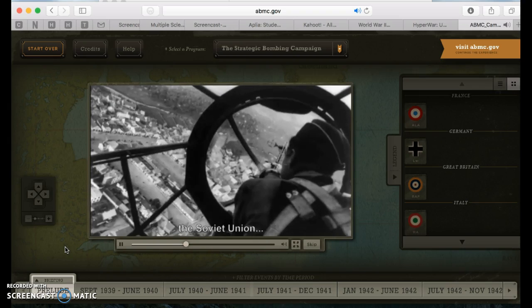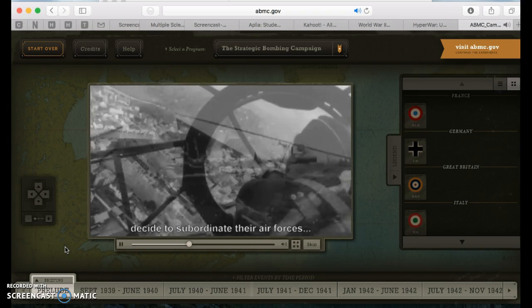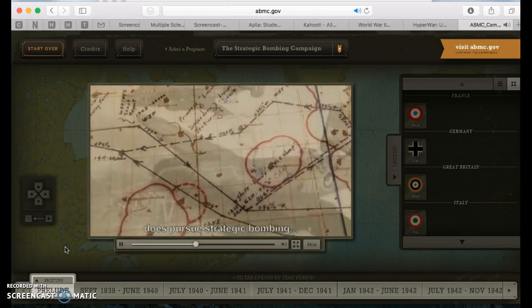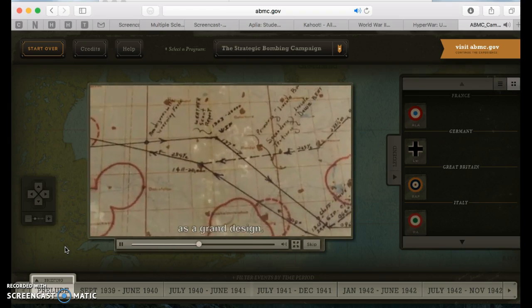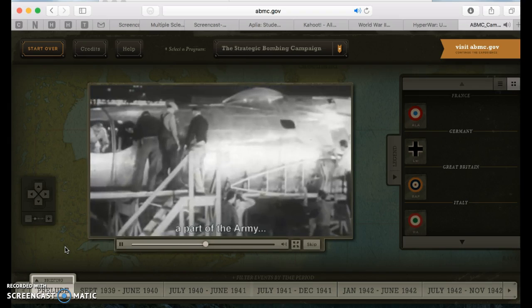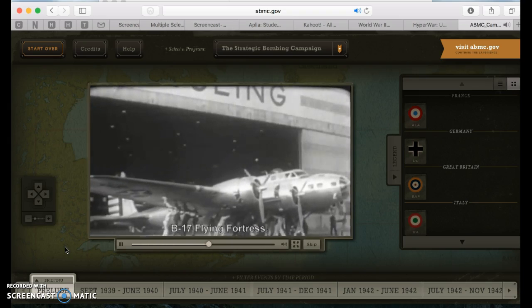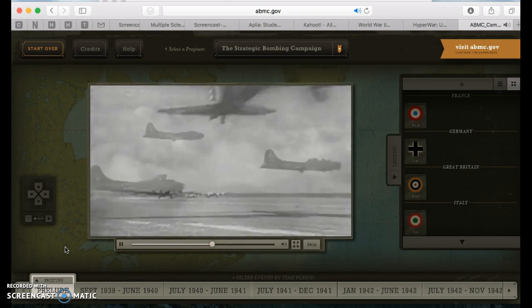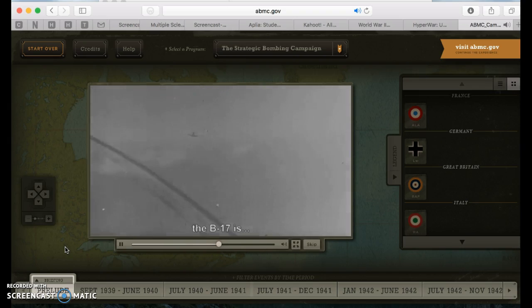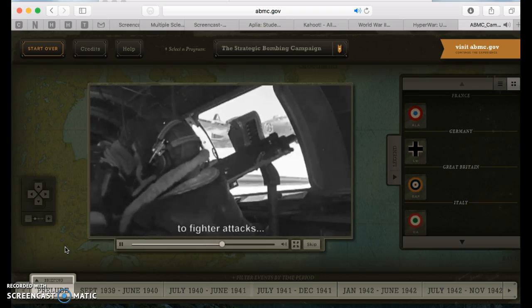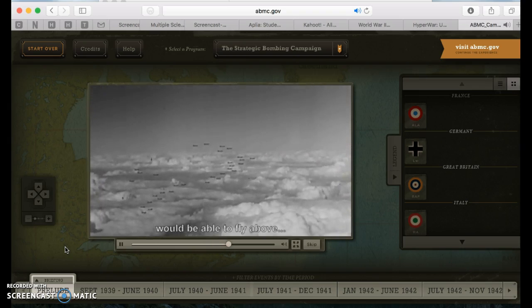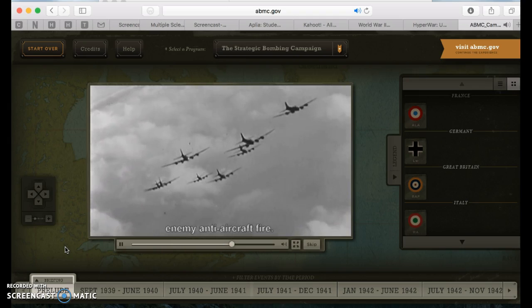Though Germany, Japan, and the Soviet Union decide to subordinate their air forces to ground and naval strategy, the British Royal Air Force does pursue strategic bombing as a grand design. In the United States, while the Air Force remains a part of the Army, it has developed the Boeing B-17 Flying Fortress. Bristling with its multitude of defensive machine guns, the B-17 is mistakenly thought to be virtually invulnerable to fighter attacks, and with its high-altitude capability would be able to fly above enemy anti-aircraft fire.